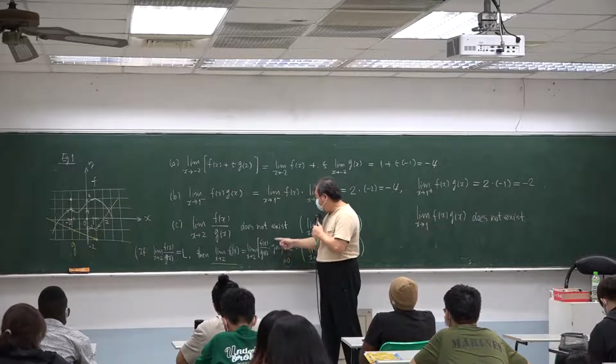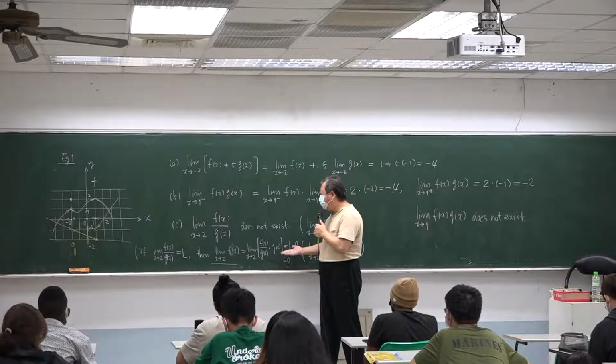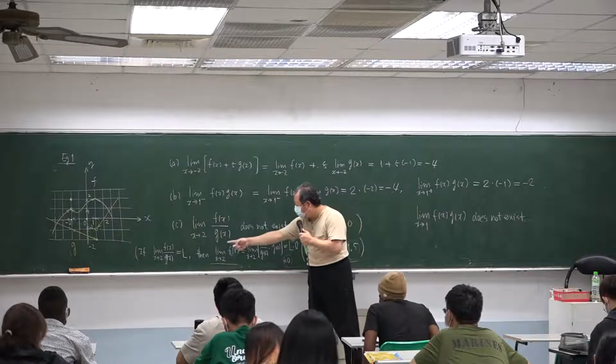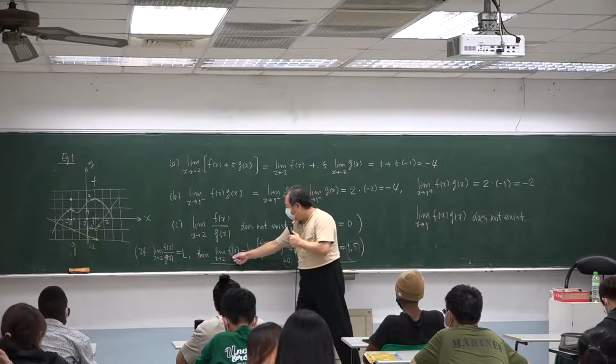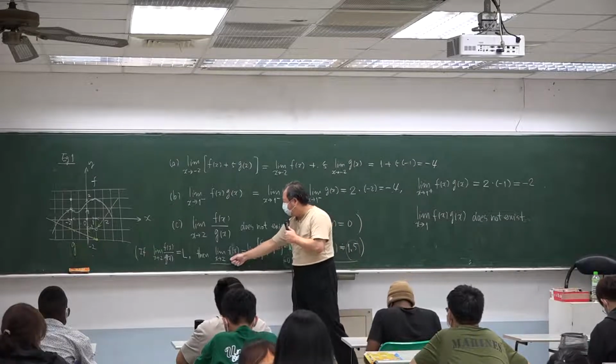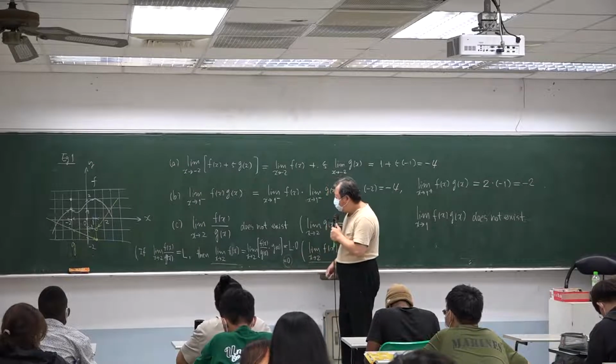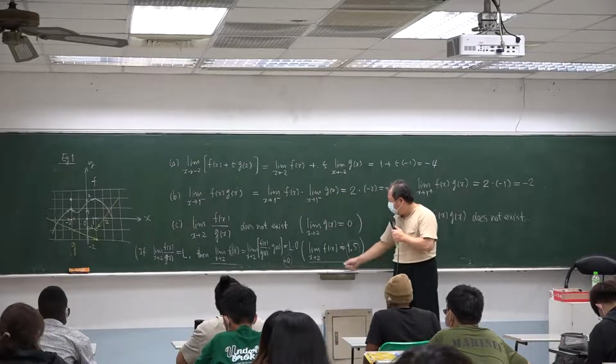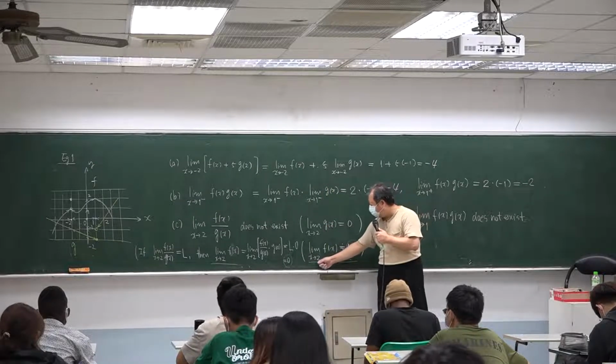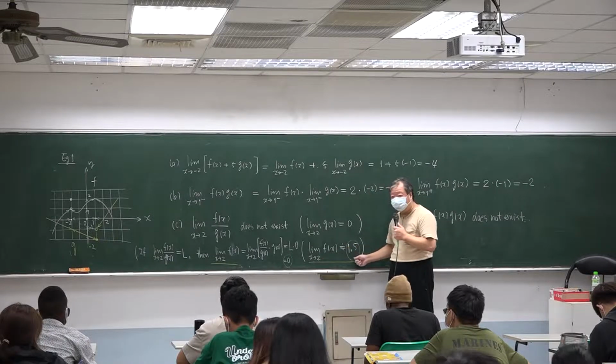Exists L, exists 0, so use the product law, we would have the limit of the function f at 2 is 0. This contradicts the limit of f at 2 is non-zero. Okay.